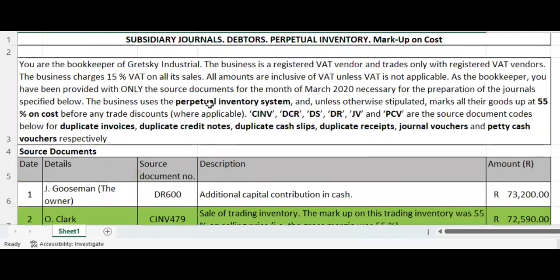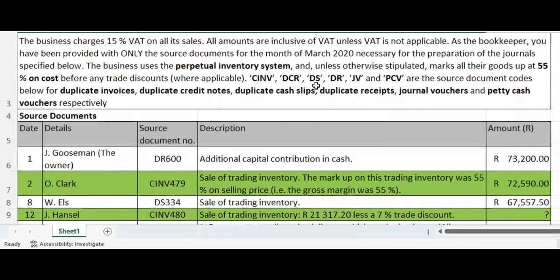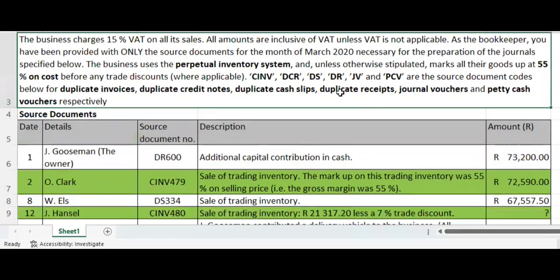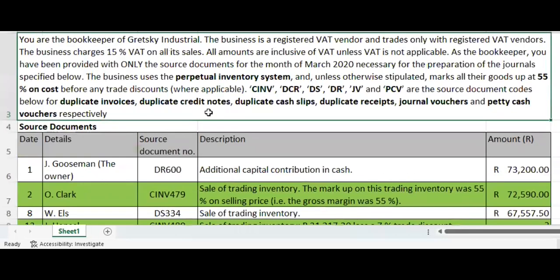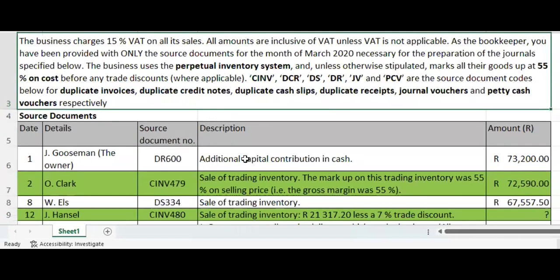And here we will have 2. You will either have the duplicate cash slip, or you will have a duplicate receipt. Duplicate cash slip, if it was recorded by the cash register, the duplicate receipt if it was recorded by hand. So either DS or DR will go into our cash book receipt.